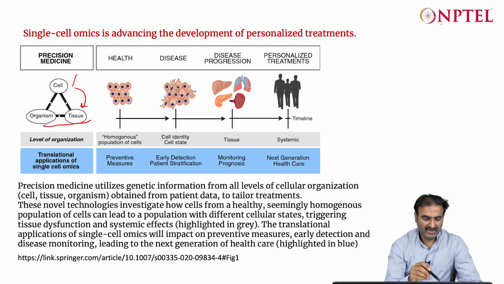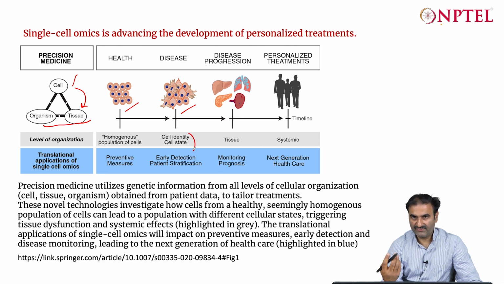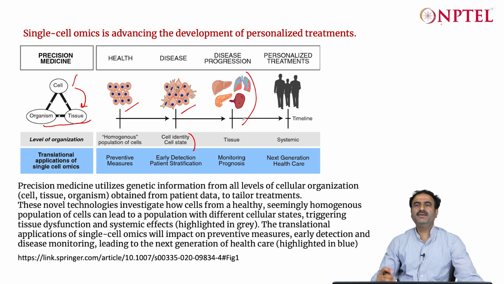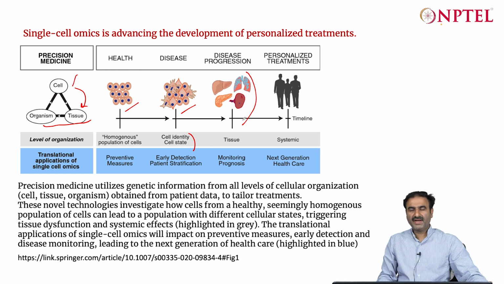Cells could be healthy or diseased, heterogeneous, with various types of disease cells. So we can understand the cell identity, healthy and diseased, the state of the disease, and the progression of the disease over a period of time, which can help us plan the personalized treatment for a given individual. That is why single cell omics will be very, very important.